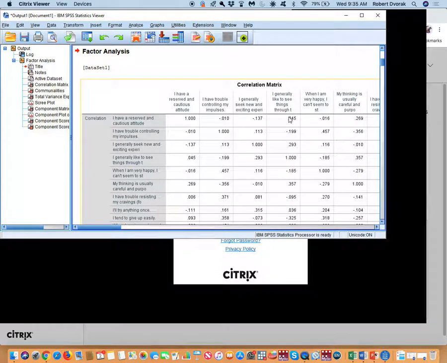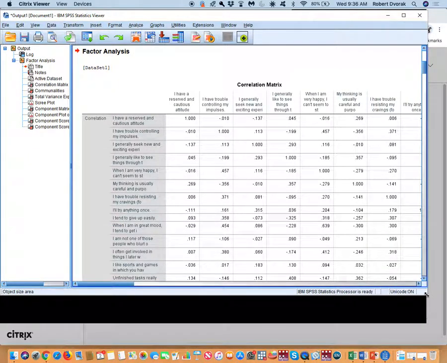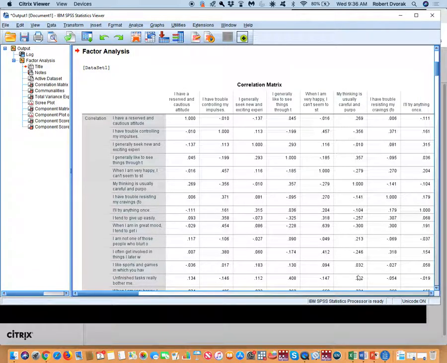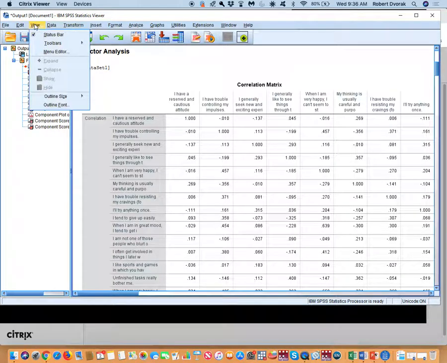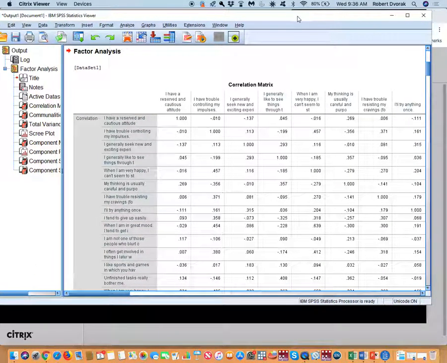Please don't go wonky on me. What type of rotation did you pick? There's no rotation. We're starting with no rotation. Let's see if this will stretch out. It's working a little bit. View, can I make this at least medium? Did that change at all? Can you drag the left pane over? Like where it says output log, you can minimize. Just get rid of that?